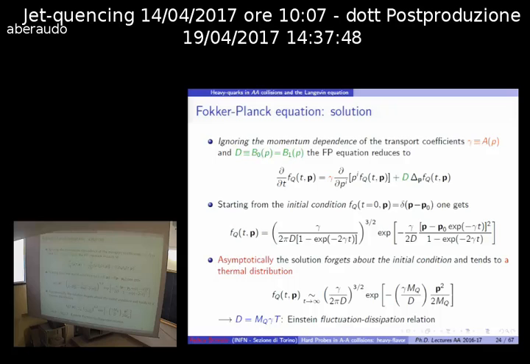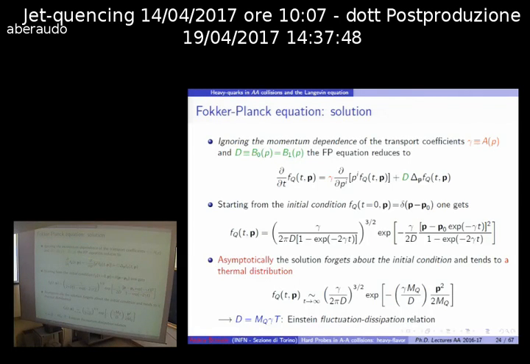You can check that this expression is a solution of the equation which satisfies this initial condition. Okay, asymptotically, so for t to infinity, the solution forgets about the initial condition and reduces to this expression. That, okay, if you identify this with an inverse temperature, is a Maxwell distribution.